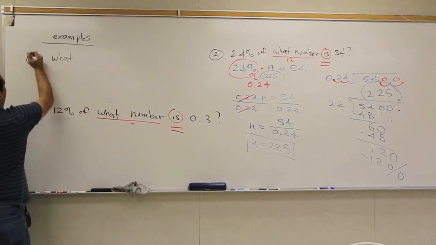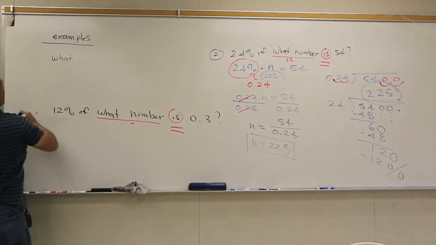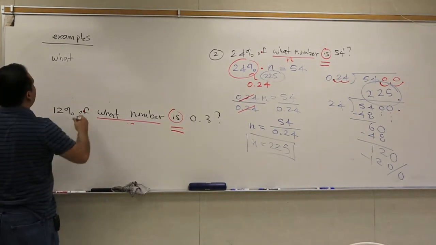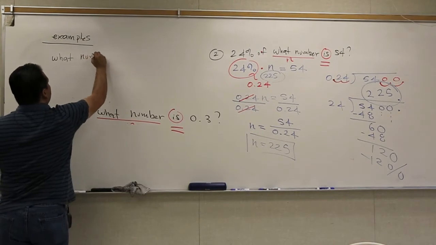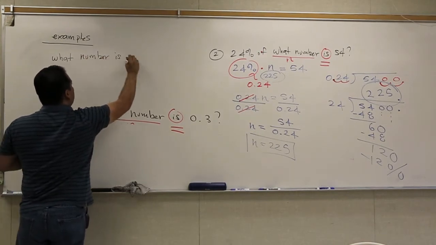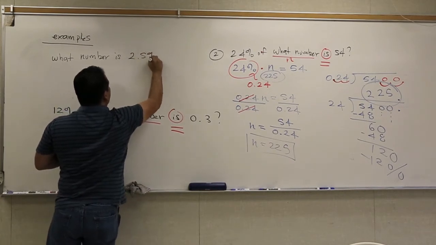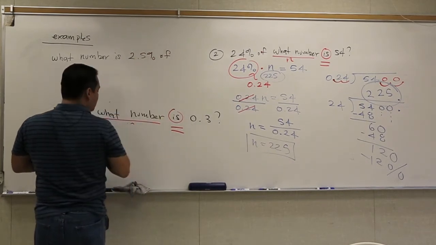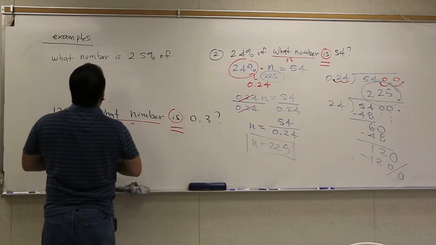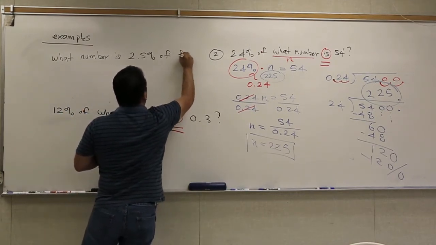We probably shouldn't even number them anymore. They're going to say, what number is 2.5% of 30?